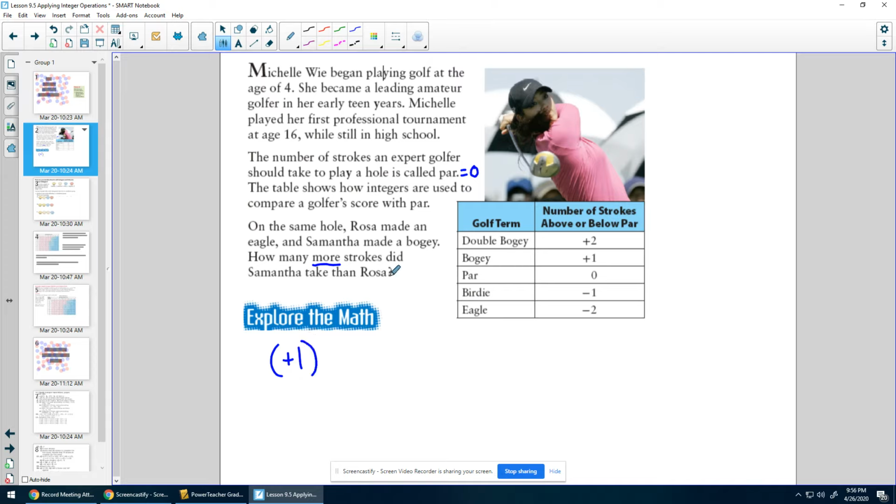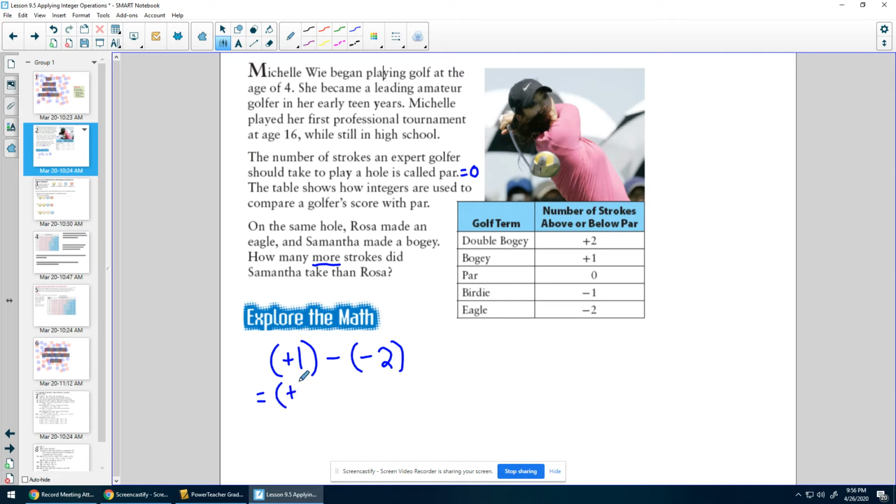And we want to know how many more Rosa took. So that means we're going to find the difference. So we're going to subtract what Rosa got, which was an eagle. So that would be -2. So Samantha's bogey minus Rosa's eagle, and then we'll find how many more strokes Samantha took.